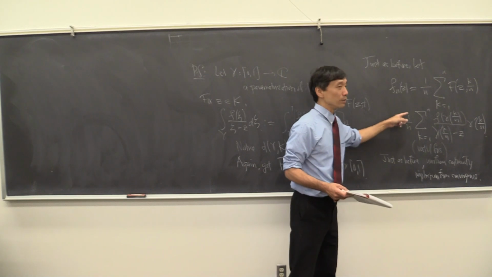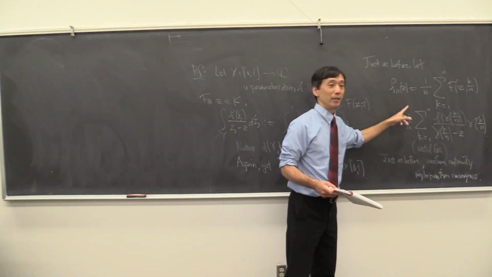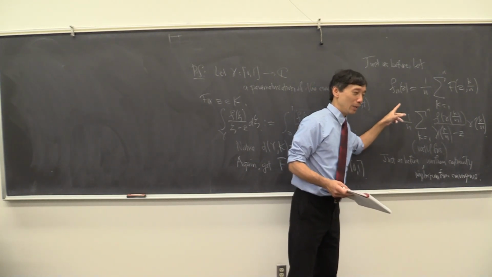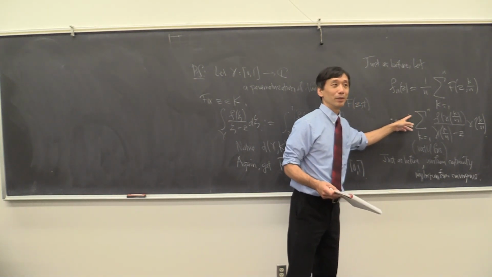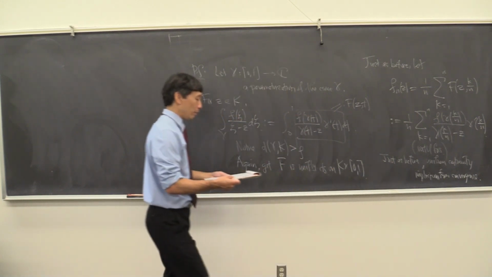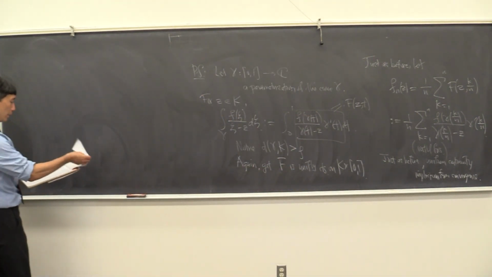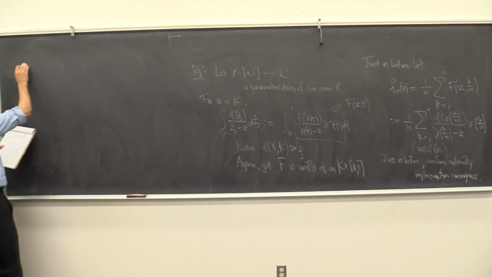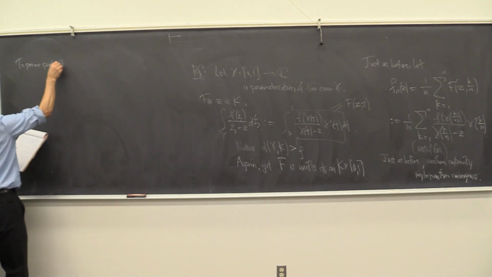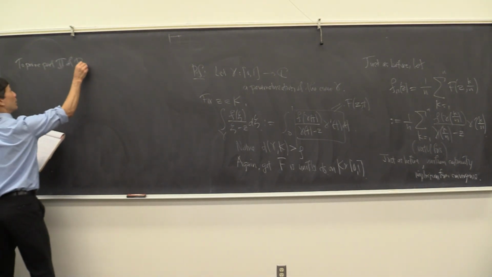We're going to take this rational function approximation and then get polynomials that uniformly converge to these. So all that's left to prove part 2 of Runge's theorem.